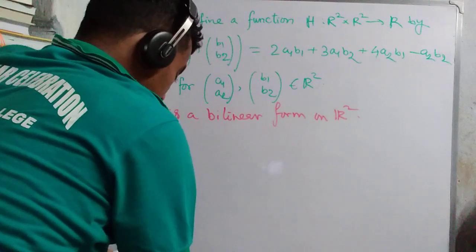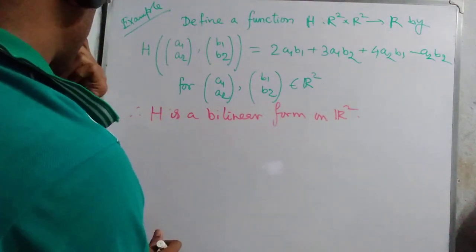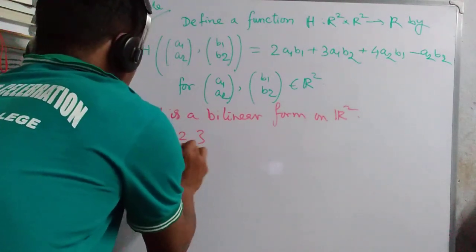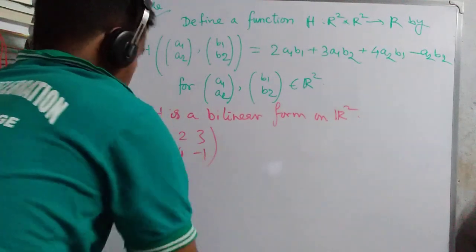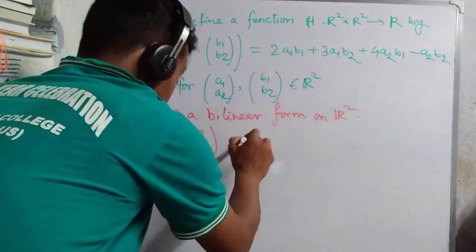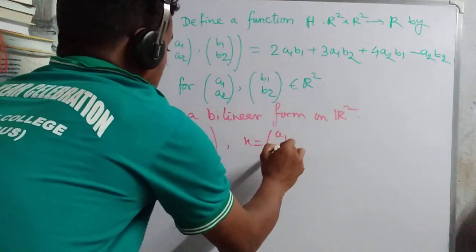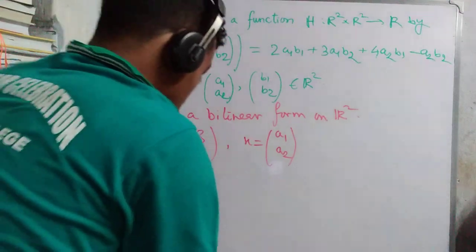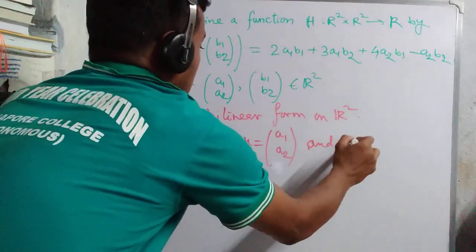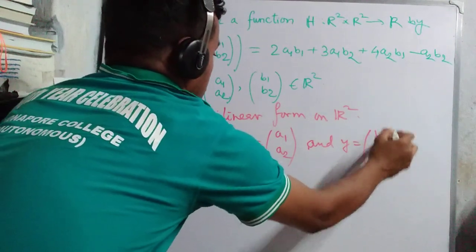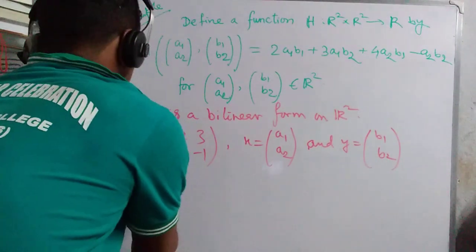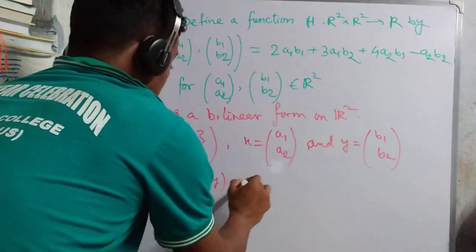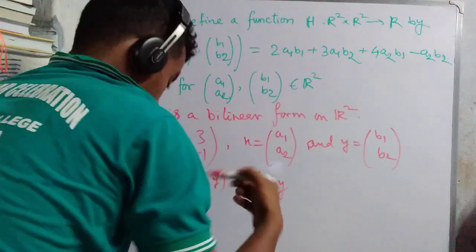We also write A equal to the matrix 2 3 4 minus 1, and x equal to (a1, a2) and y equal to (b1, b2). Then h of (x, y) equals x transpose A y.